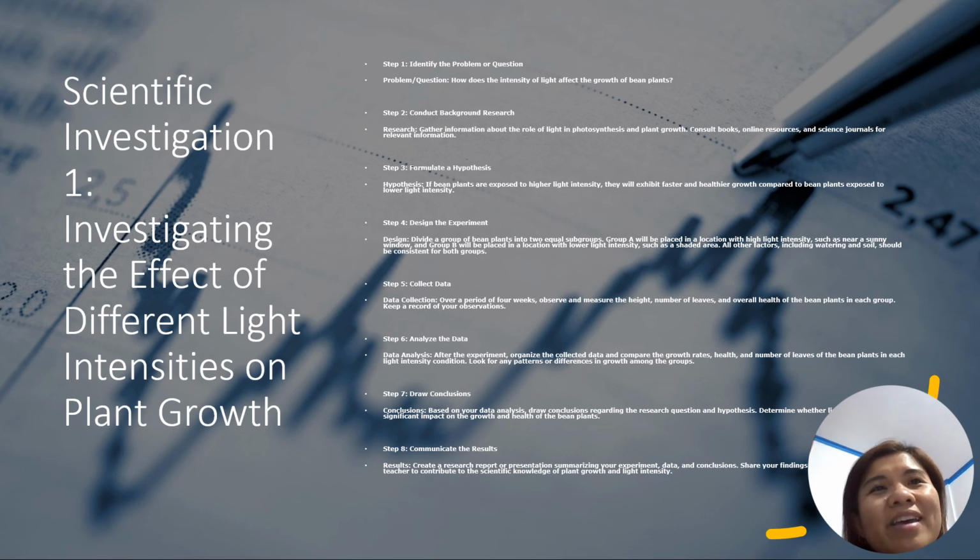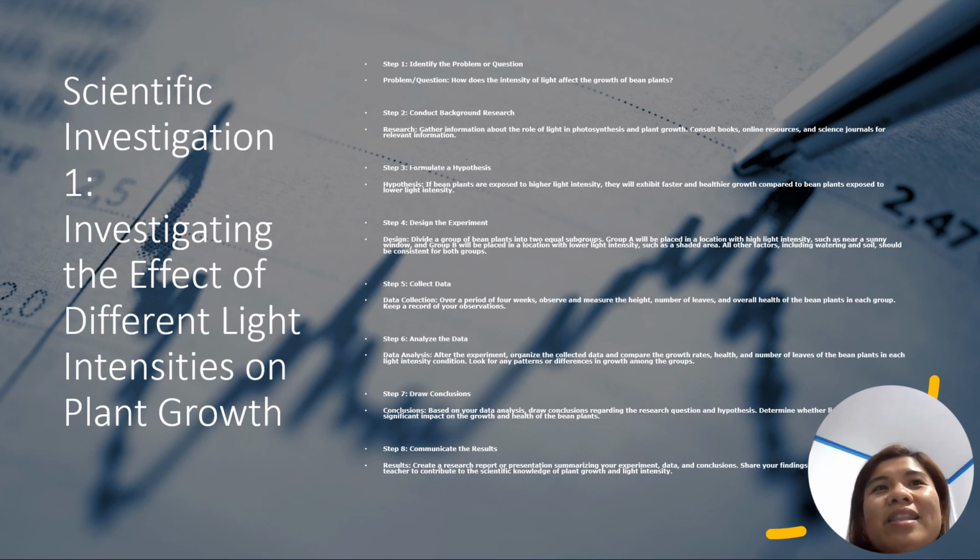Again, it is not mentioned what plant we are going to investigate, so you can have any other plants. For our example, let's use bean plants. So that's step 1.